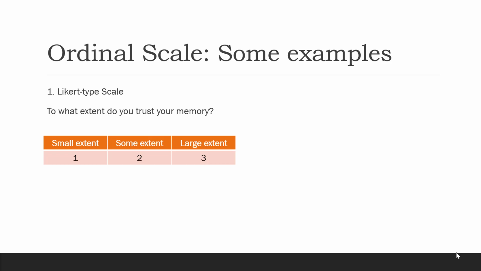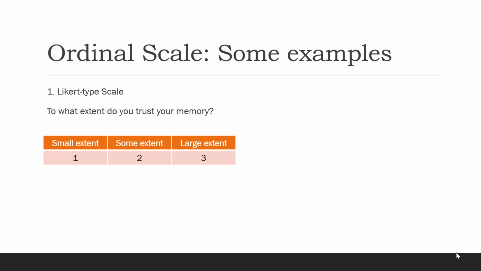underlying ordinal scale. In this example, we want to ask the respondent to select one response category that reflects their true opinion. And the question that we ask is, to what extent do you trust your memory? And the participant can select a small extent, some extent, to a large extent.